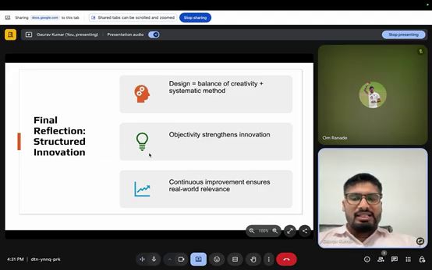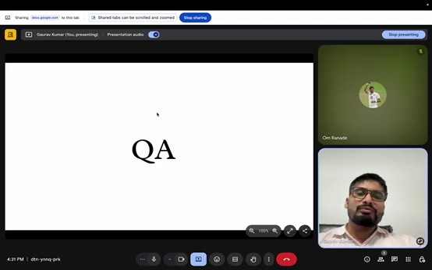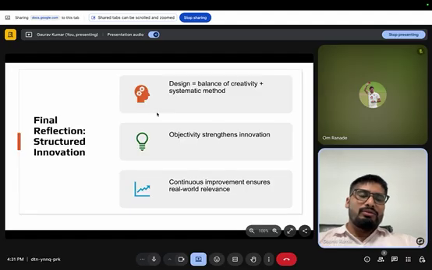It teaches that the most successful designs emerge where imagination and evidence coexist in perfect balance. So that's the short summary of the last week.